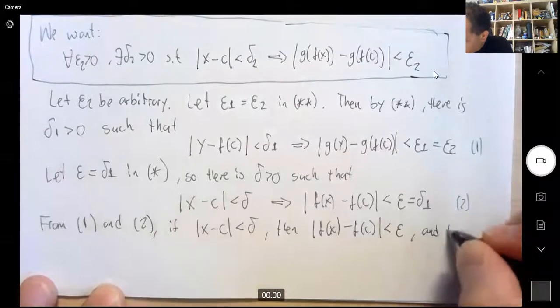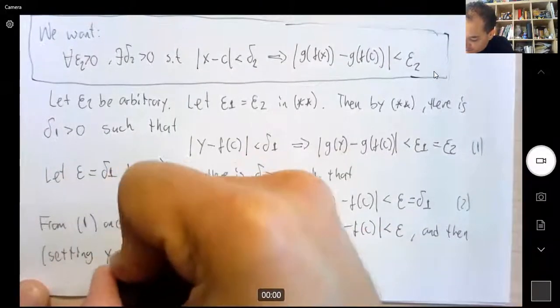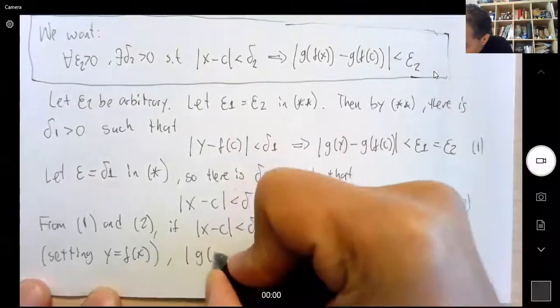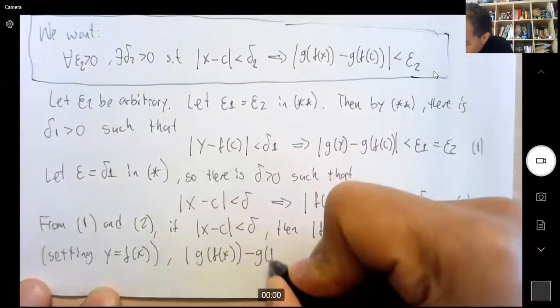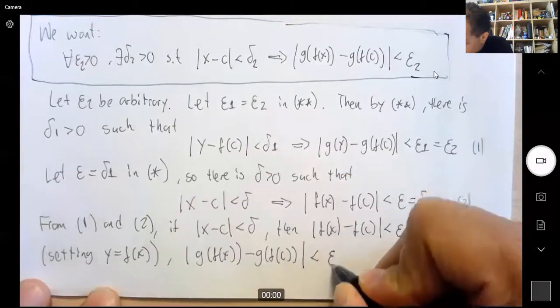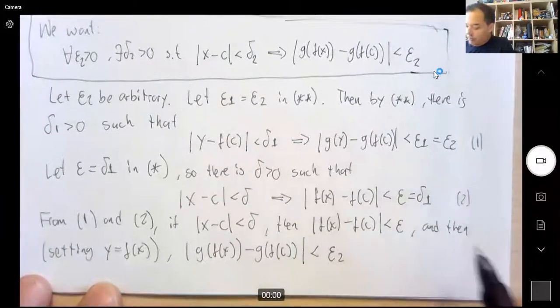And then setting y equals f of x, |g of f of x minus g of f of c| is less than epsilon 2. So we are done, right?